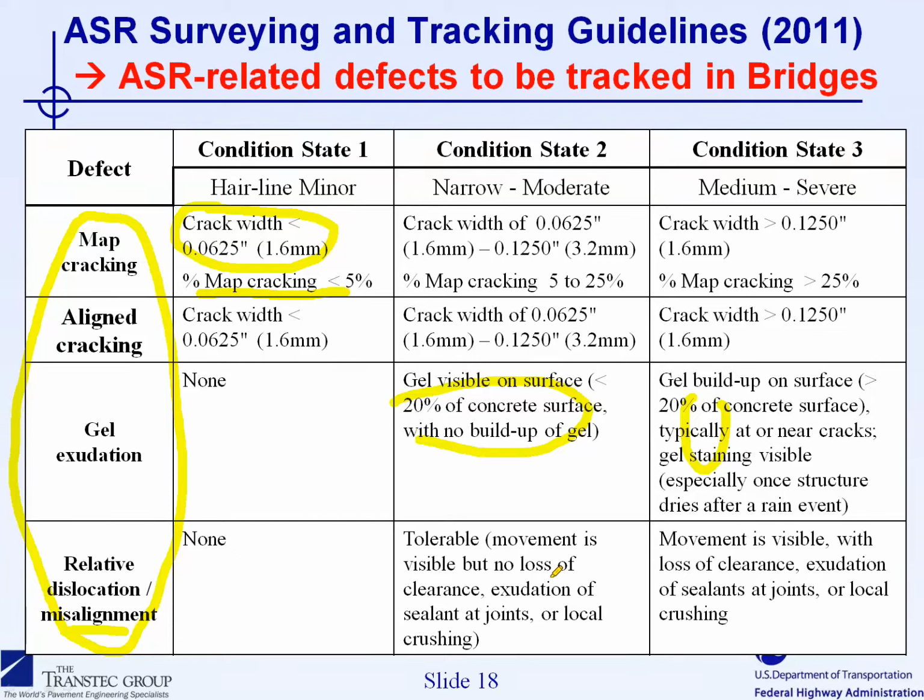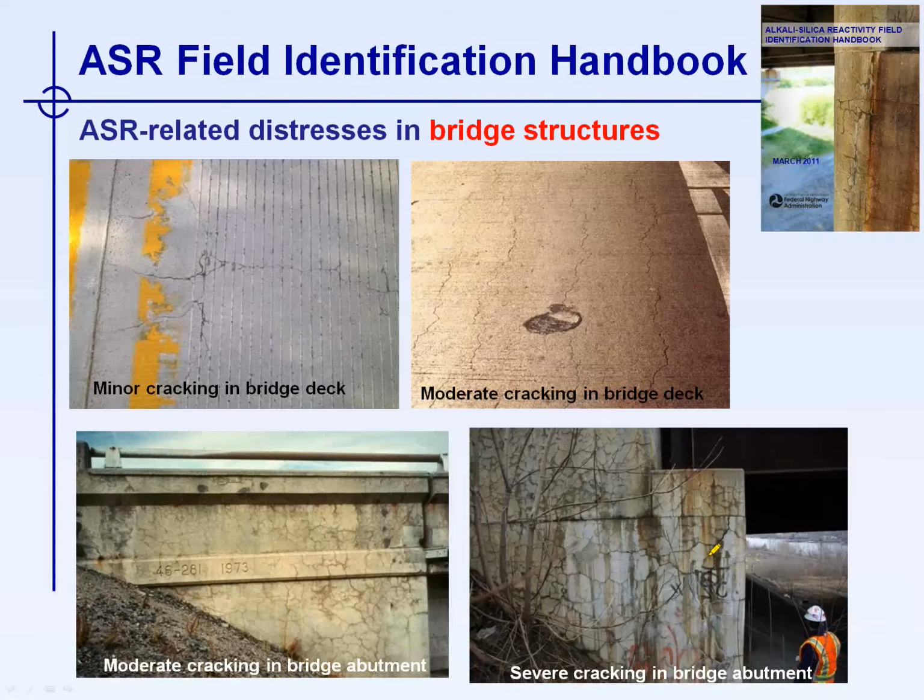So that's why there could be some movements between bridge elements. So depending on the extent of the movement, then the condition state can be classified from 1 to 3 according to this table.